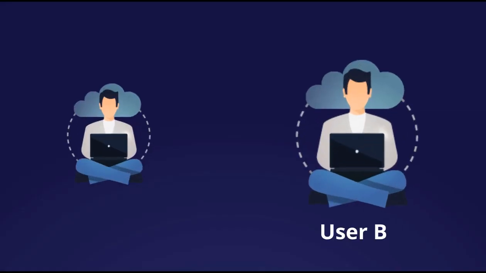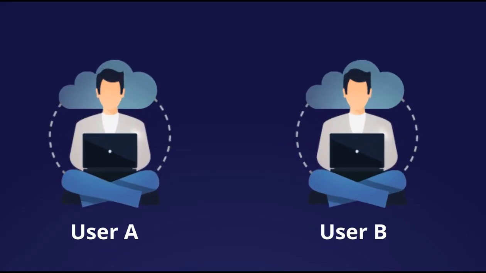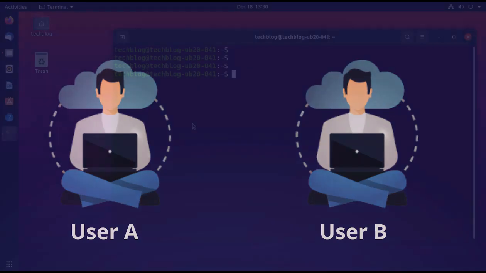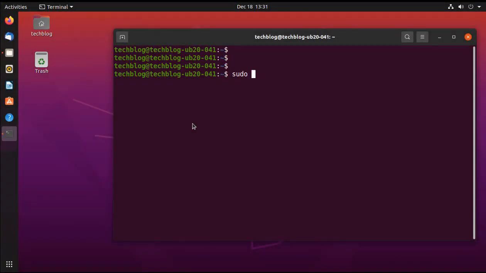Now we are going to create two users for this experiment. One is user A and another is user B. So let's type sudo useradd -m userA and hit enter. Here the flag -m will create the user's home directory if it does not exist.